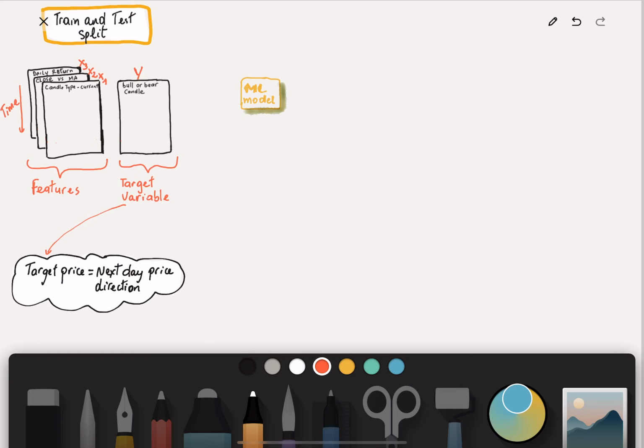So let's say we're given some data set, right? And the data set that we're given is, let's take the case of a trading example. We have a trading case here, and we're given the features, and then you have the target variable.